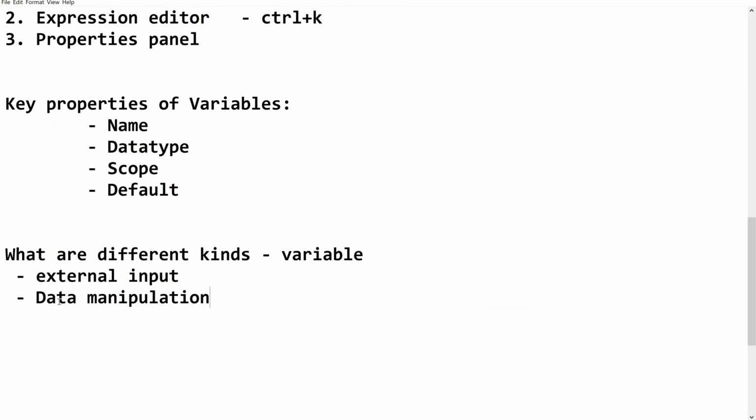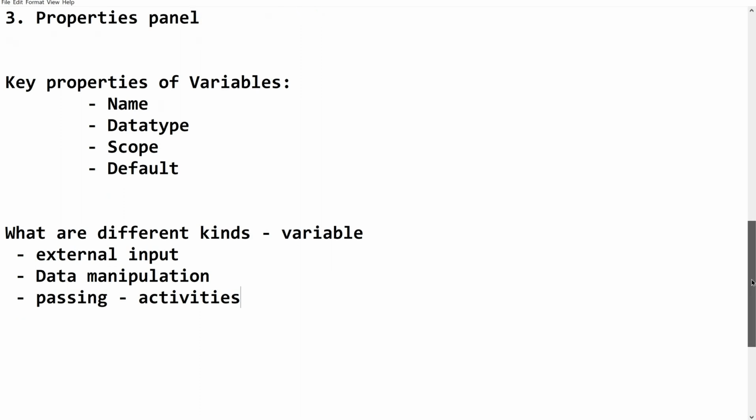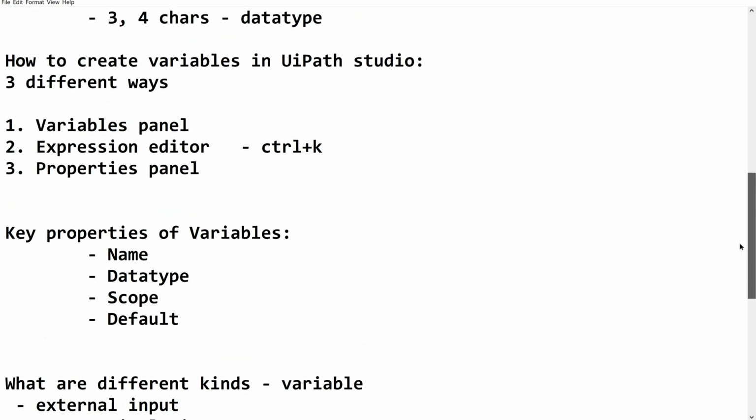First is external input, then next is data manipulation, and the third one is passing from different activities. So from the previous activity, maybe we can pass some value to the next activity or next variable, right? So we can pass the value from one activity to another activity. These are the different approaches or different ways to work on the data in a variable.